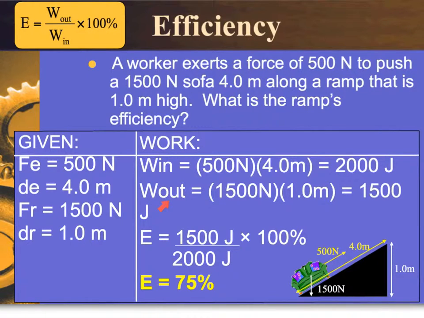Our work output, 1500 newtons times 1, and we get 1500 joules. To calculate our efficiency, we will take our work output, divide it by our work input, 1500 joules divided by 2000 joules. We will multiply that times 100%, and we will get an efficiency of 75%.